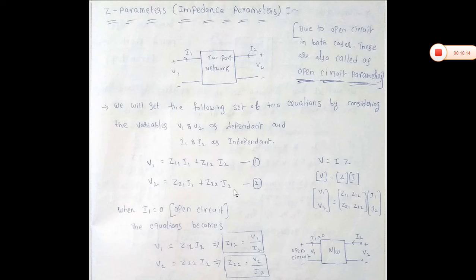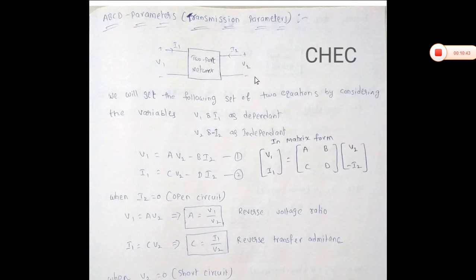Very important, you should remember these equations, that is V1, V2 in terms of I1, I2. From these two equations we have to find out or measure the Z parameters.